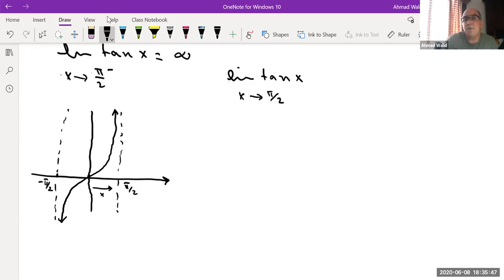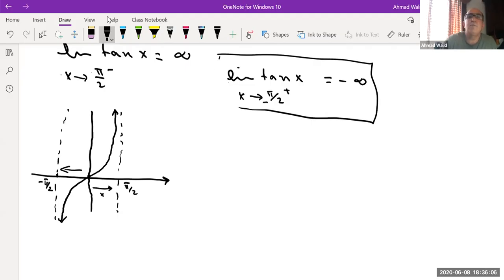Now, the limit of tan x as x approaches negative pi over 2 from the right. When you are going to negative pi over 2 from the right side, where does the graph go? To negative infinity. One formula, and this is the second formula, correct?